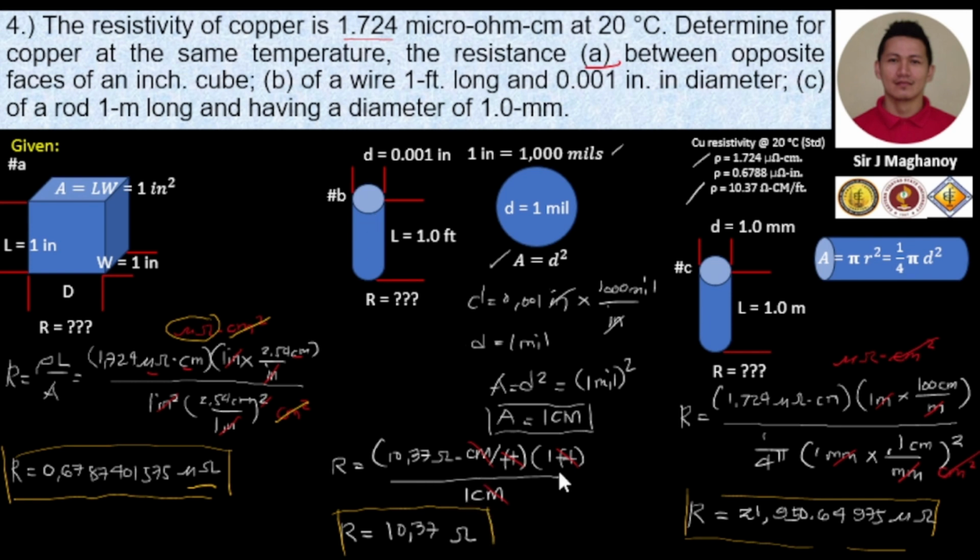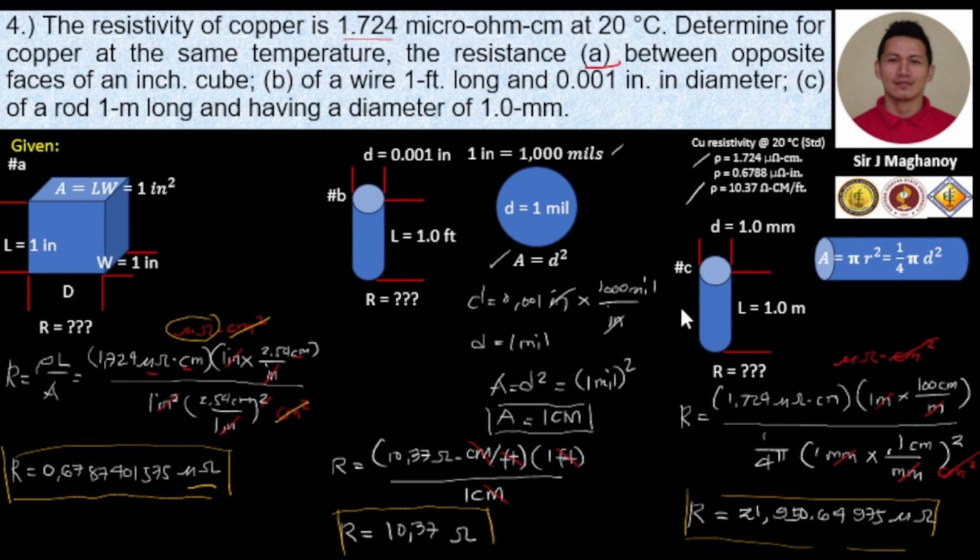So we cancel out foot, both feet, and the circular mil, and the remaining unit is ohms. So finally, the resistance in B, a 1 foot long wire with 0.001 inch diameter, is 10.37 ohms.